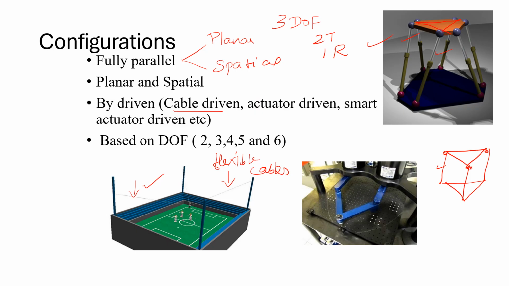So the advantage of these cable driven manipulators is that they include more workspace, right? So they will have a greater workspace, and also a high payload to weight ratio, right?